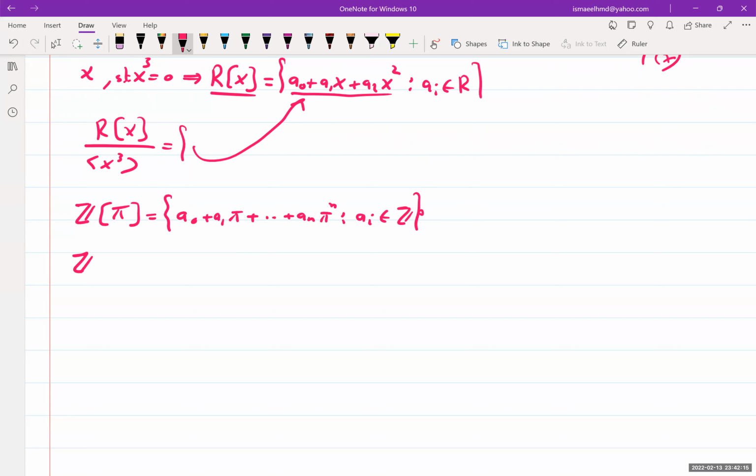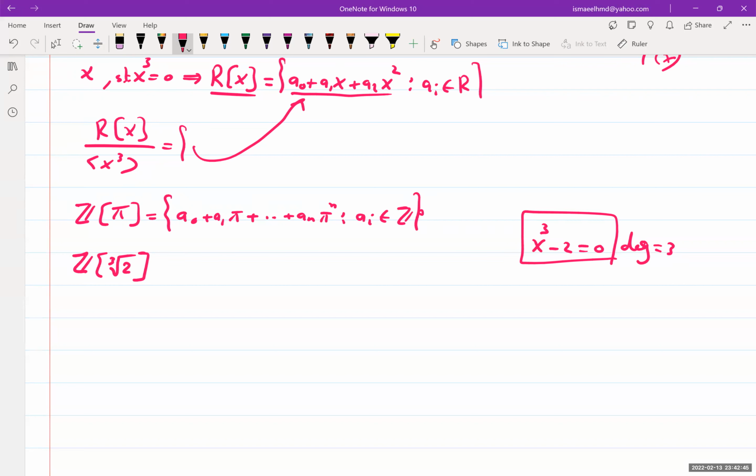Also, we have Z of, say, the cube root of 2. The cube root of 2 is a root of the polynomial x to power 3 minus 2 equal to 0. This polynomial is of degree 3.